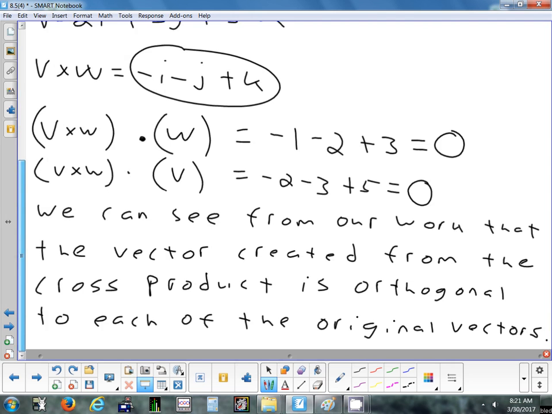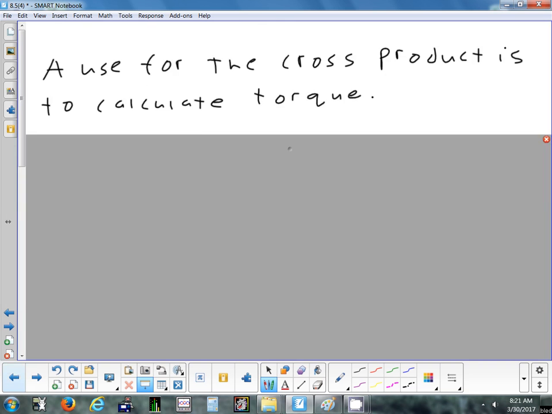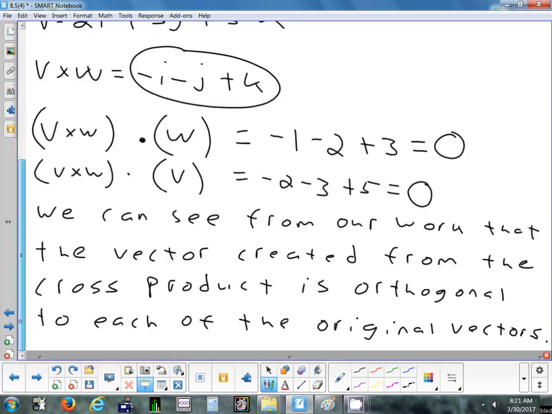I can find the cross product between them, and that'll give me a vector perpendicular, up. If you find the cross product the other way, you get exactly the same vector but pointing down instead of up. That's the difference. So any question on that?